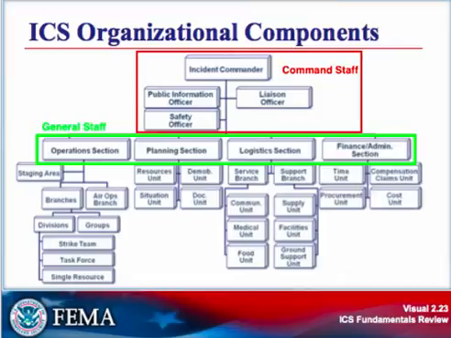Here are some quick examples of single resource, strike team, and task force. A single resource would be an ambulance by itself with its crew, a police officer, or a fire truck and crew. An example of a strike team would be 2 or more ambulances with an identified leader and the ability to talk to each other.